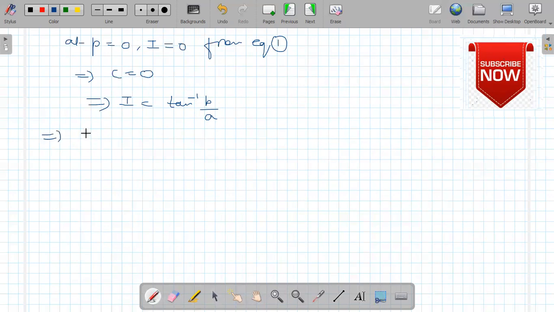This implies the value of integral 0 to infinity e raised power minus ax whole divided by x sin px dx, its value is tan inverse p upon a. Okay.